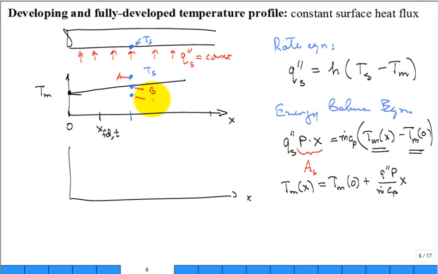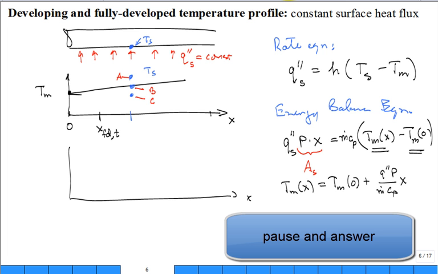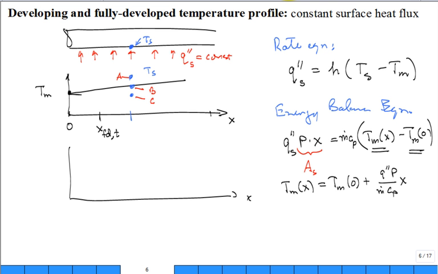Or the temperature of the surface is lower. Which one is it, A, B, or C? Is everybody in? You're still thinking? All right, let's go ahead and stop.